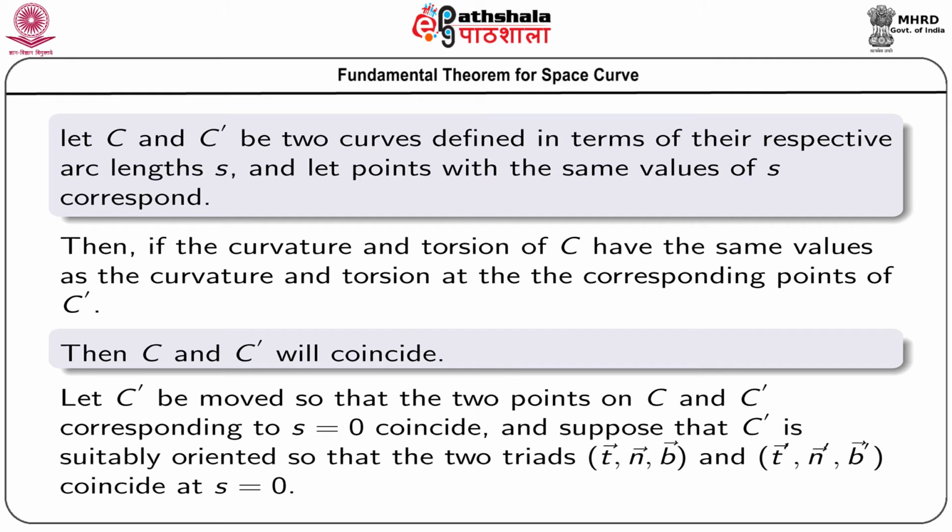And suppose that C dash is suitably oriented so that the two triads T, N, B for the curve C and T dash, N dash, B dash for the curve C dash coincide at s equal to 0. So, at s equal to 0, we are taking the two triads also the same.